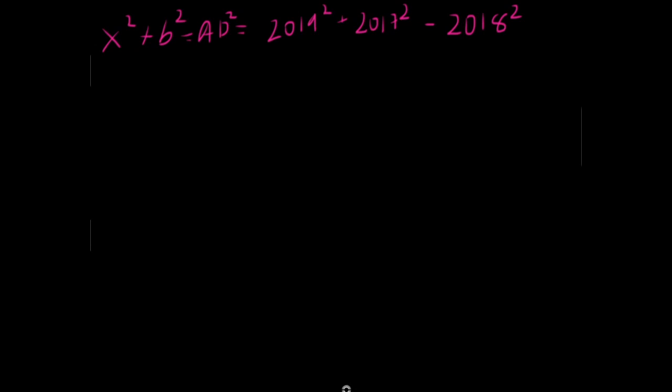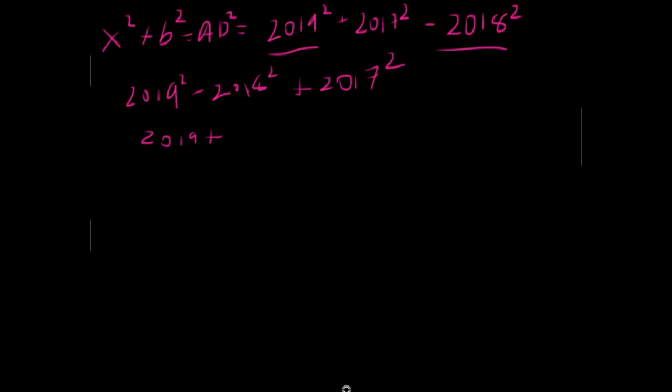So we can start out by using difference of squares with the 2019 squared minus 2018 squared. So let's rewrite this. We have 2019 squared minus 2018 squared plus 2017 squared. This is equal to 2019 plus 2018 times 2019 minus 2018 plus 2017 squared by difference of squares, right?